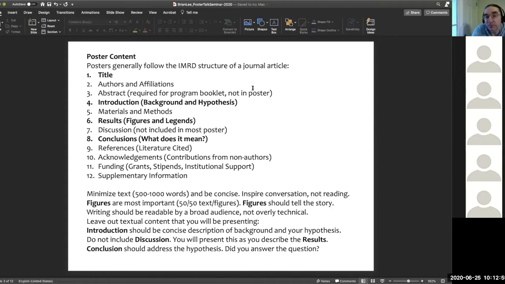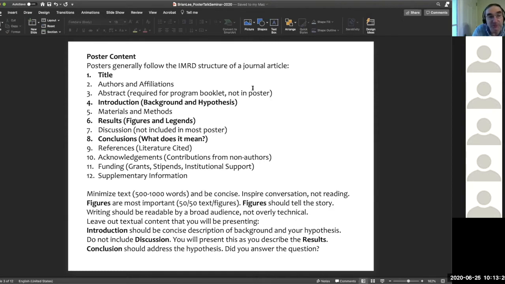Some meetings might ask you to actually reproduce the abstract on the poster, but for the most part, the abstract is submitted when you apply for a meeting, and then they'll usually put together a program booklet, and the abstract will be in the program booklet. So that's another way of advertising your poster. People will look at the title, read the abstract, and then decide if they want to go to your poster and get more information.